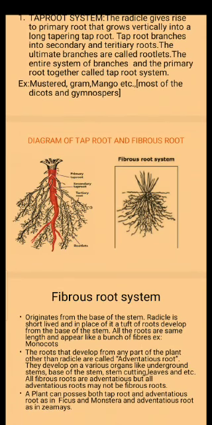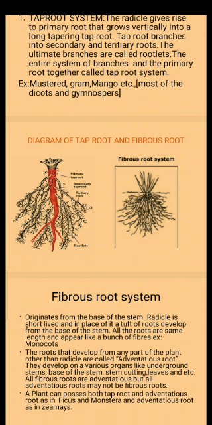And the second one is the fibrous root system. Fibrous, the name itself indicates fiber-like structures. These fiber-like structures originate from the base of the stem. The radicle is short-lived, and in its place a tuft of roots develops from the base of the stem.